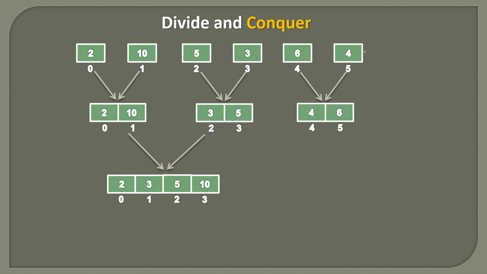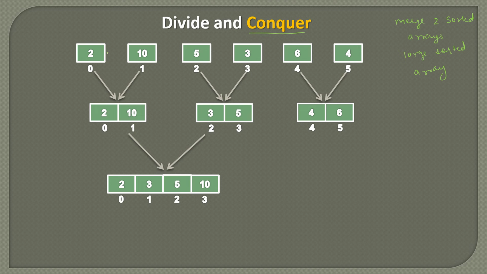The only thing to keep in mind is that in the conquer step of merge sort, we are merging two sorted arrays and the result is a larger sorted array.